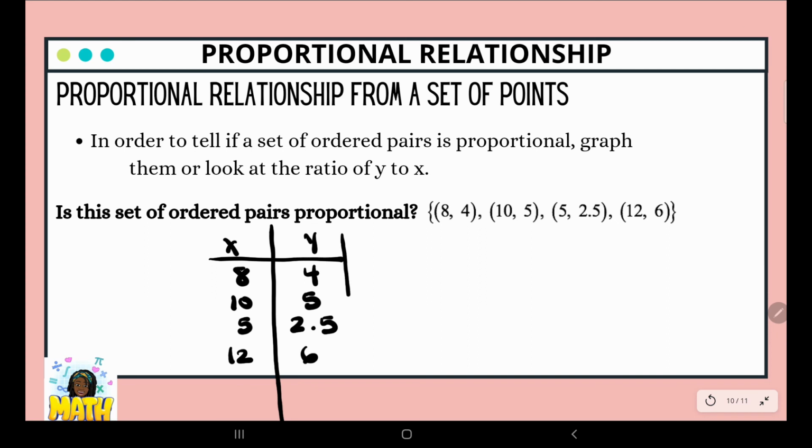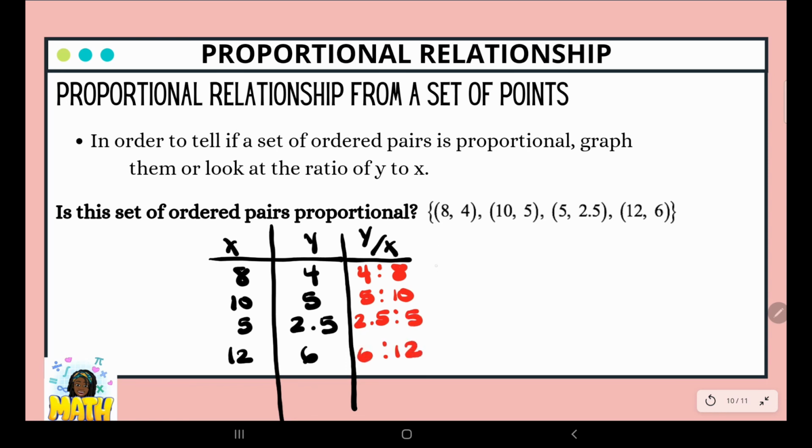So now let's go ahead and take a look at the ratio of y to x. So taking a look at our first set of values, y to x would be 4 to 8. Then we have 5 to 10, 2.5 to 5, and 6 to 12.